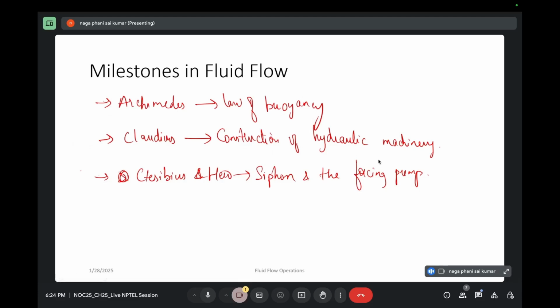And then in 1206 there is a scientist who described various mechanical devices as hydraulic machines, and also the invention of the two-cylinder reciprocating piston pump.